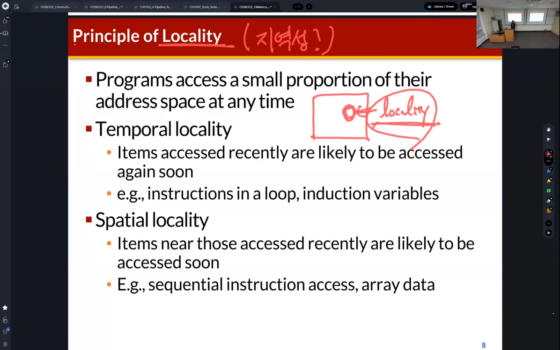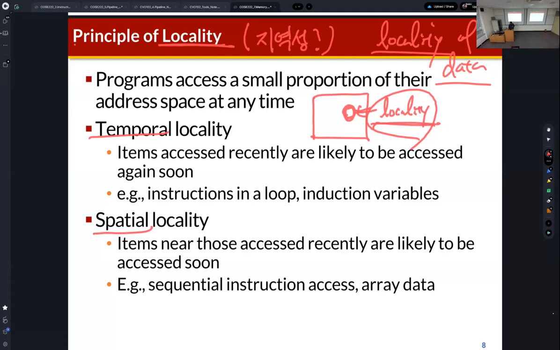So actually, the memory hierarchy is used to exploit locality of data. This is also called data locality. There are two kinds of locality: temporal locality and spatial locality.